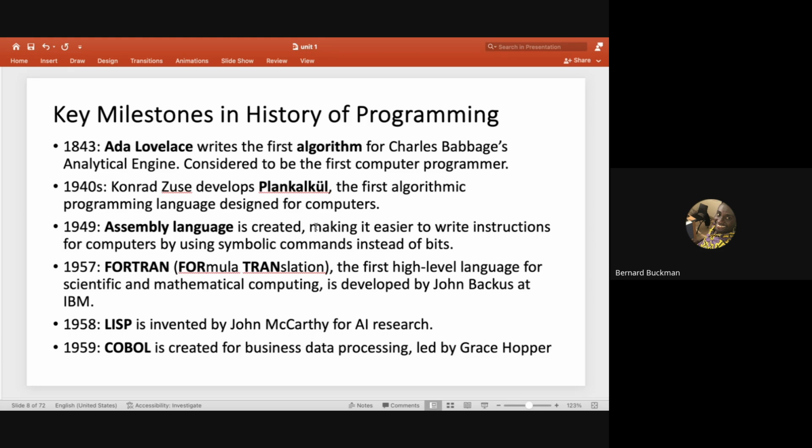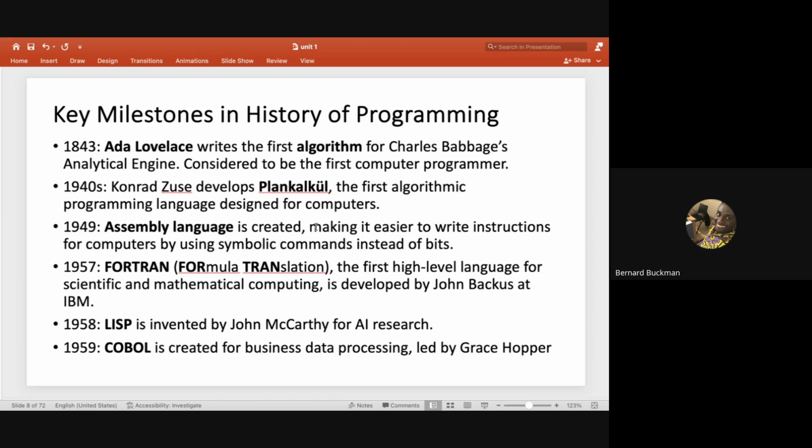Around 1949, when we began to build electronic computers, we had a symbolic language called assembly language. Then this developed further into a high-level programming language called Fortran. Fortran is the first high-level programming language.